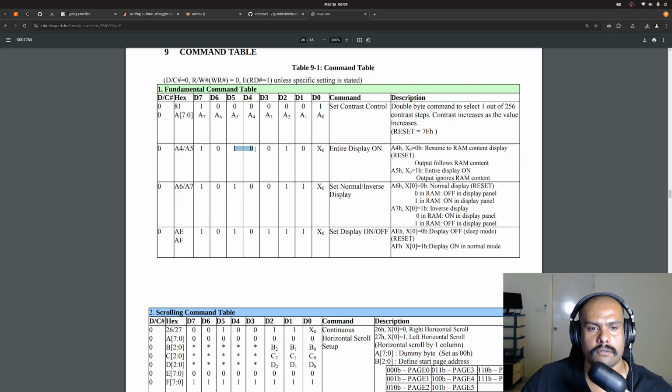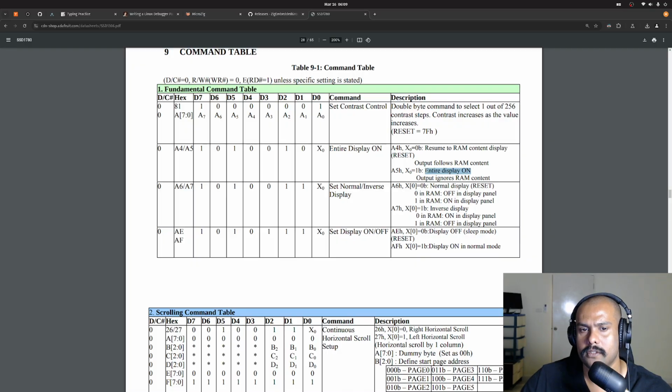So either of these and this one. So if A4 is high and X0 is low, resume to RAM content display. You know, it's a reset. Okay. Output follows RAM content. And if A5 is high and X0 is 1, entire display on.